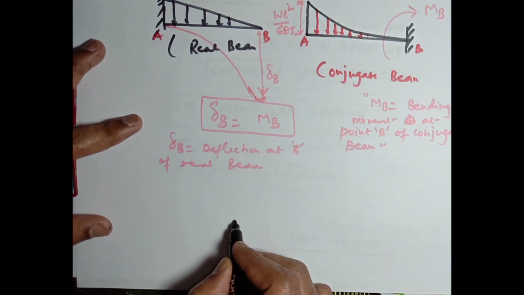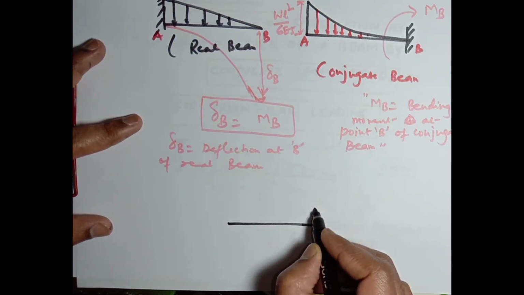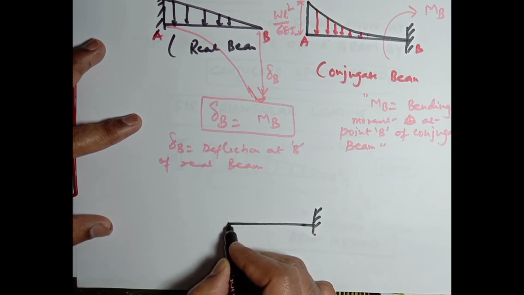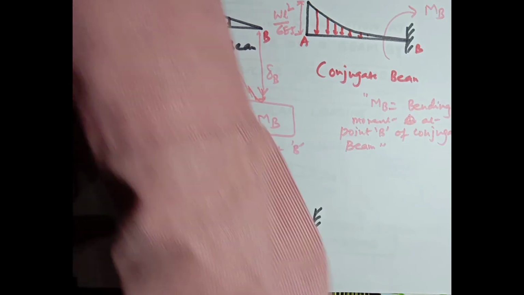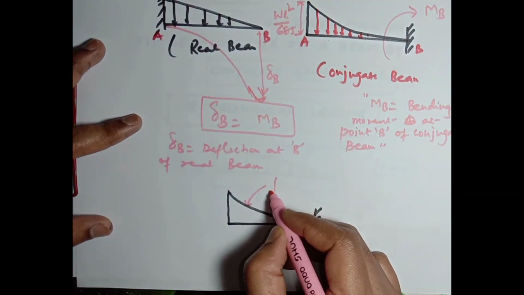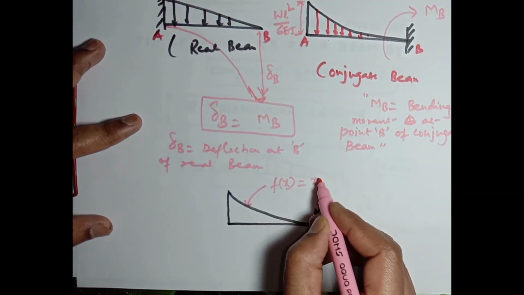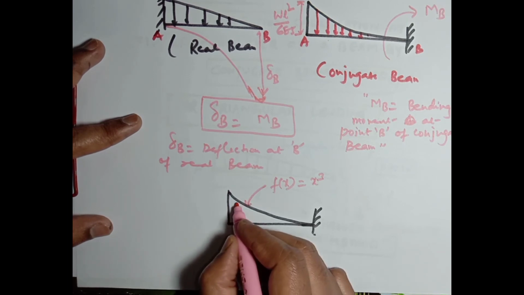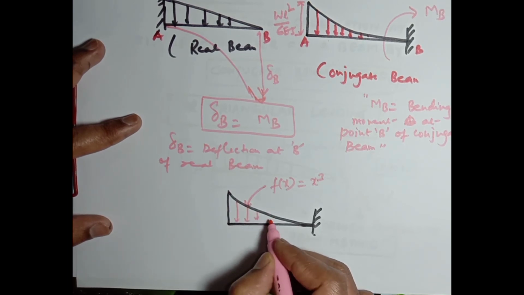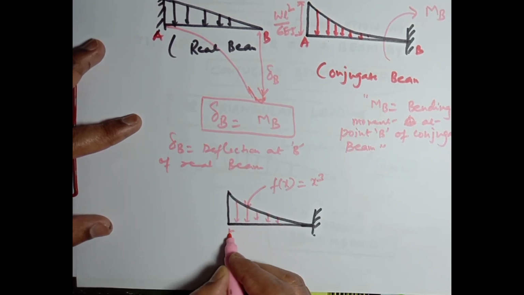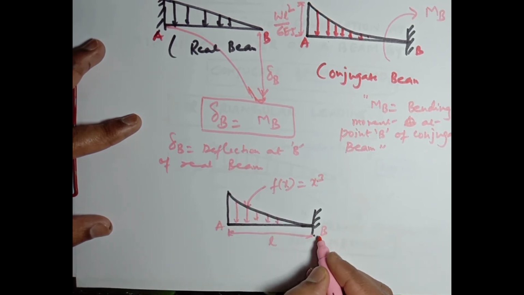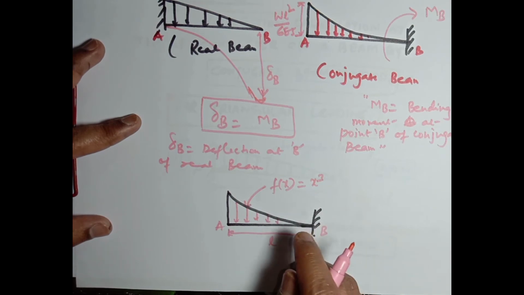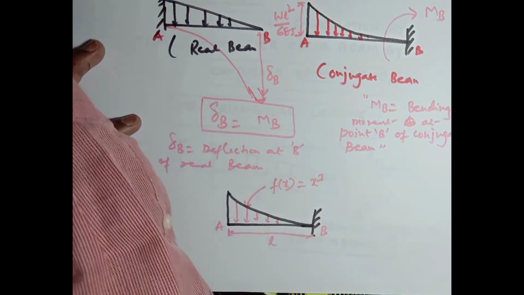This is the conjugate beam. This is the fixed end. The loading is this. This curve is a function of x to the power 3, and the loading is here in this manner. Length is L, this point is A and this point is B, and we are going to develop the bending moment at this one.